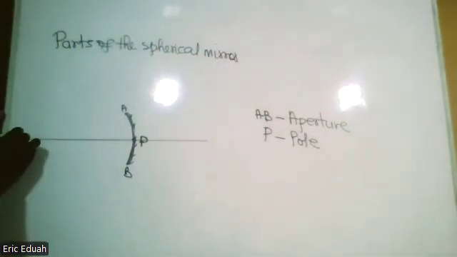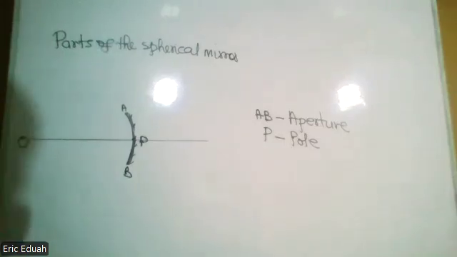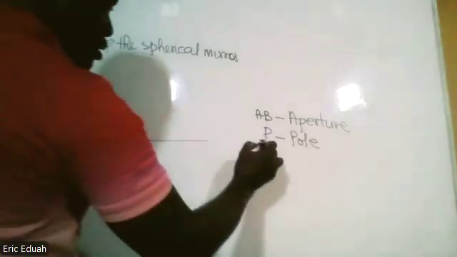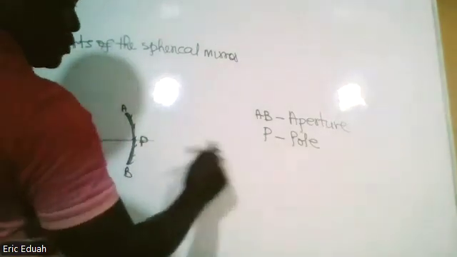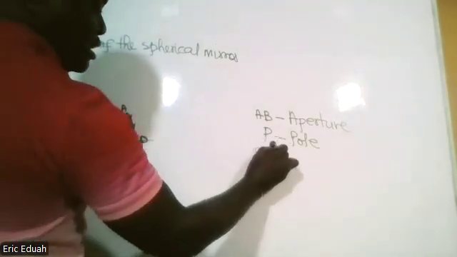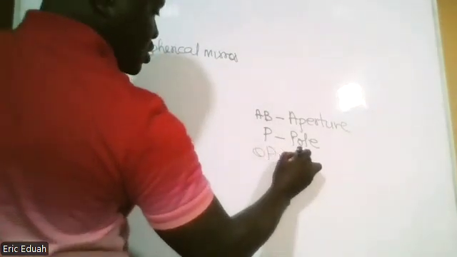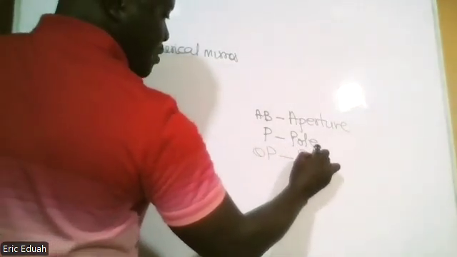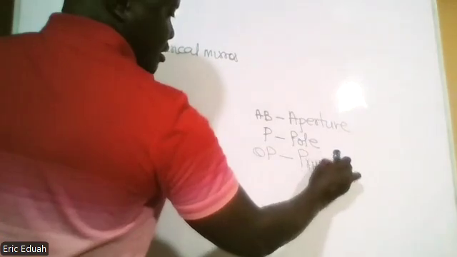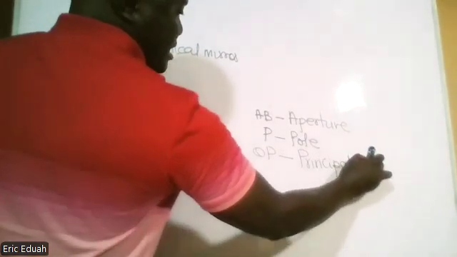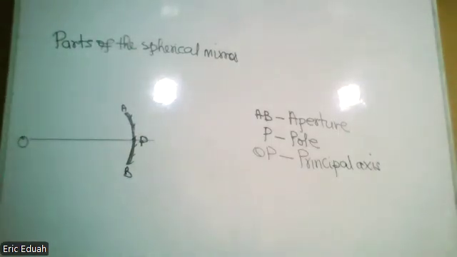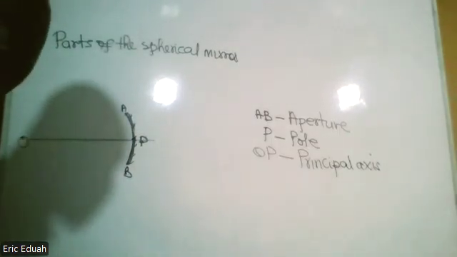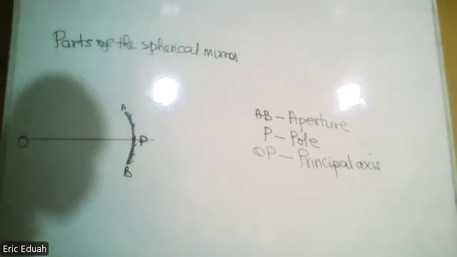So let's assume it starts from O. The line OP is known as the principal axis. So OP is the principal axis of the mirror.